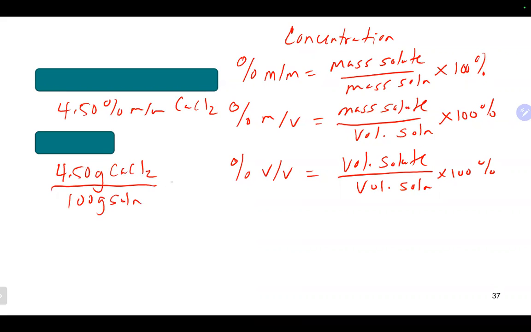Or again, you could flip that conversion factor the other way: 100 grams of solution, 4.5 grams of calcium chloride. So we did a problem like that, where you could go back into this equation and just solve for what's missing, or you can do more of a dimensional analysis approach.